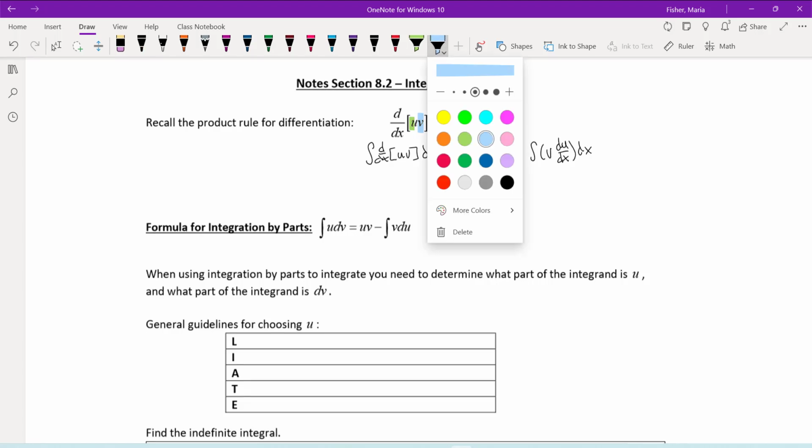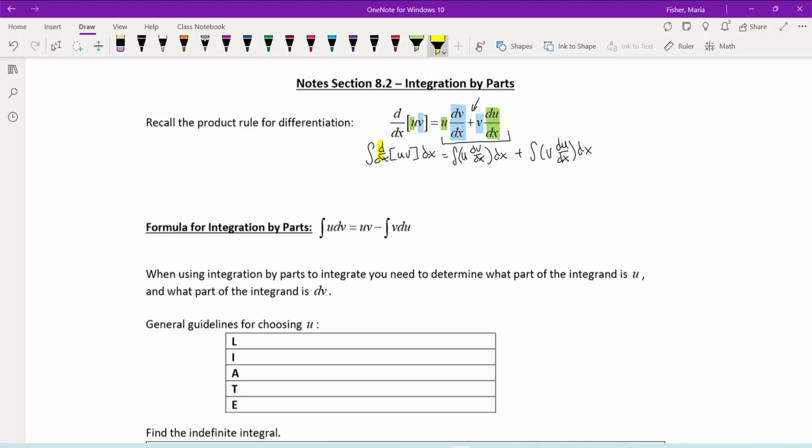Over here on the left hand side, if you're taking the derivative of something with respect to x and then integrating that with respect to x, those opposite operations cancel, and all you would be left with is u times v.